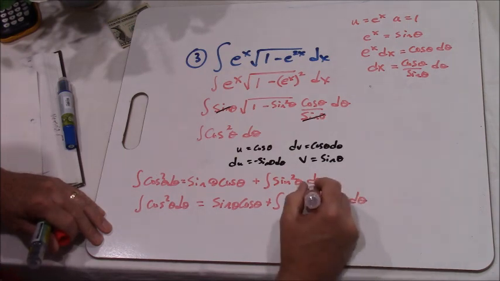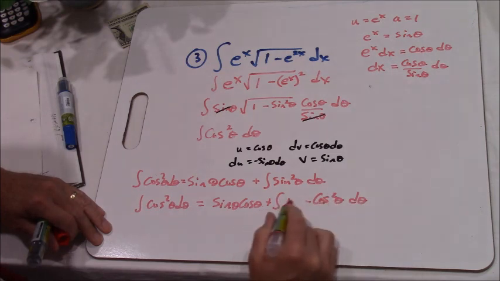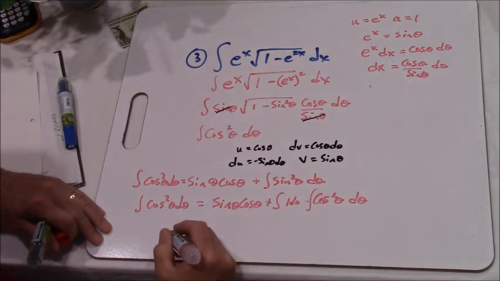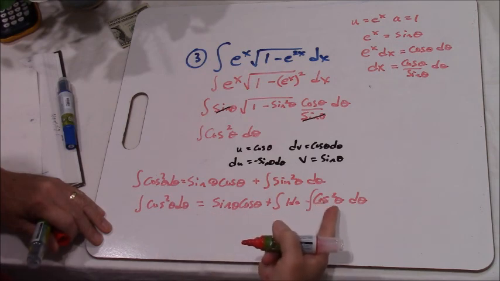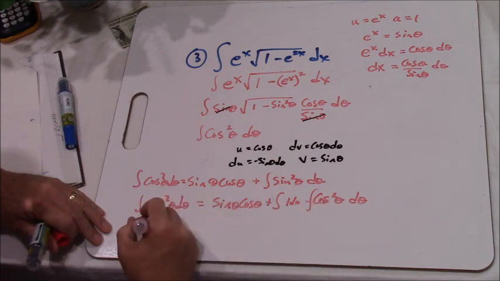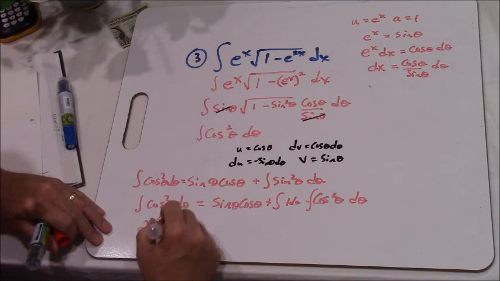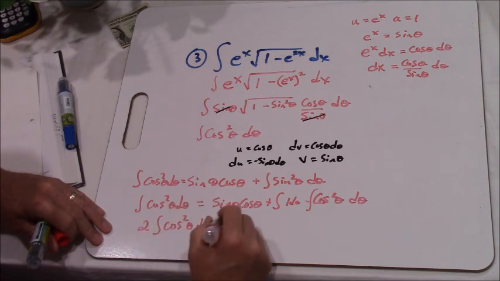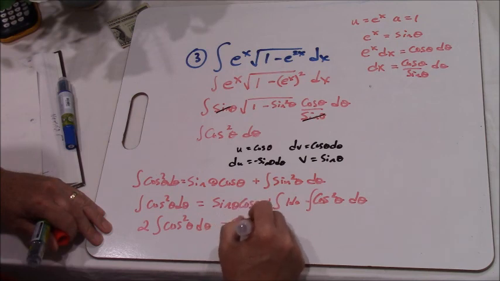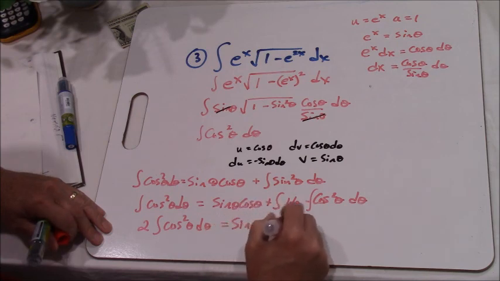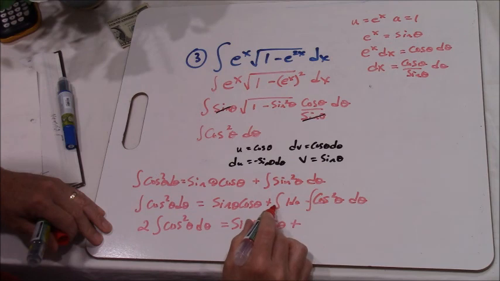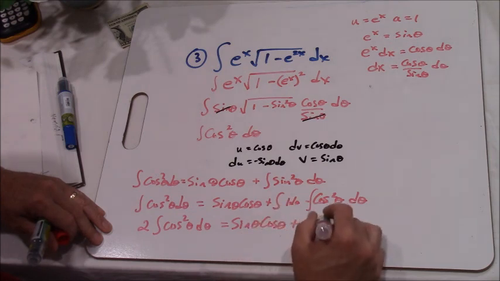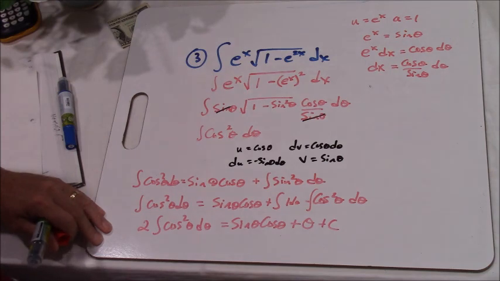I'm going to make this into two separate integrals. There's one, there's the other. When I bring this over here and add it to this one, I would get two of those. I still have sine theta cosine theta plus the integral of 1 d theta, which is just theta, plus c.